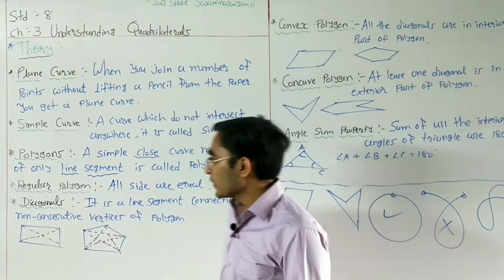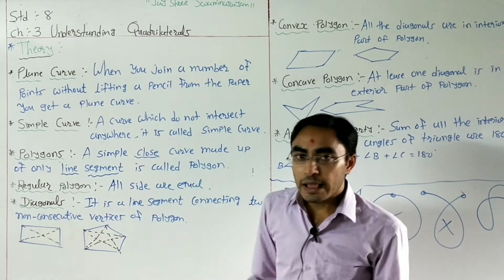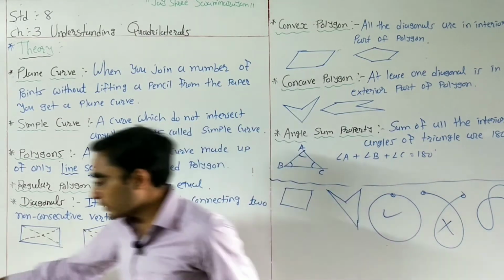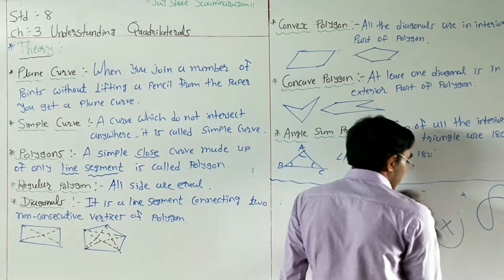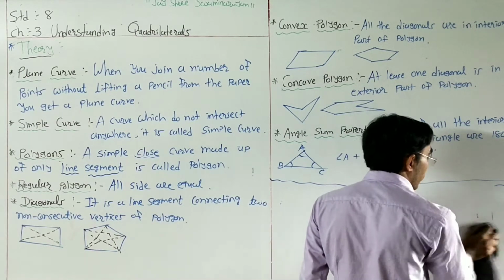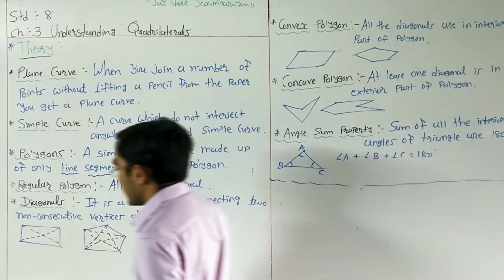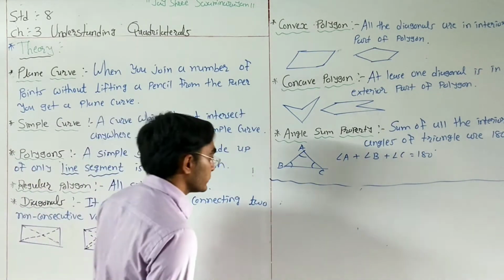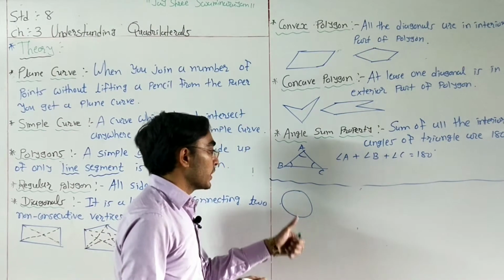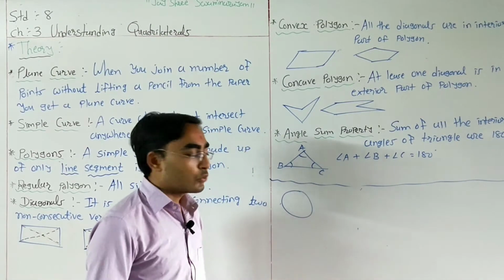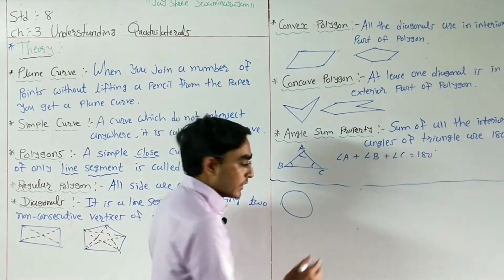So here we have two things: simple and closed curve, which is made up of only line segments. This is a simple curve and a closed curve, but here the shape is curved. There is no line segment, so this is not a polygon.